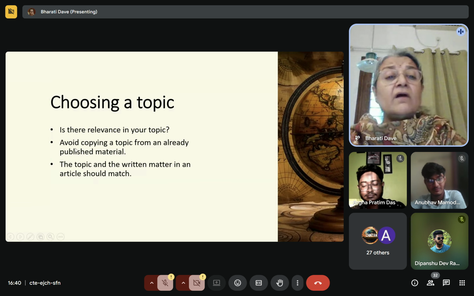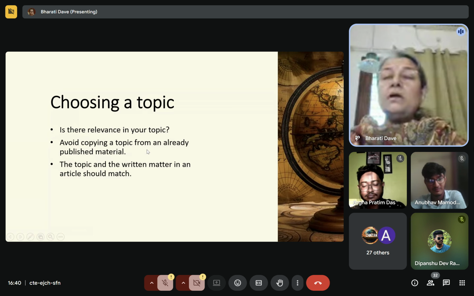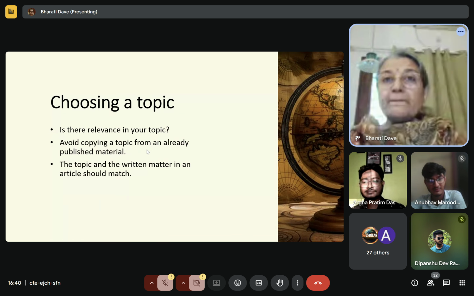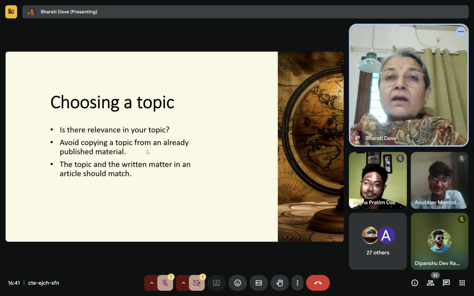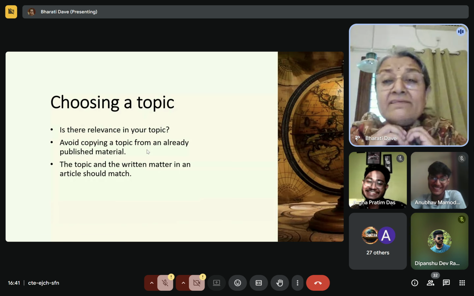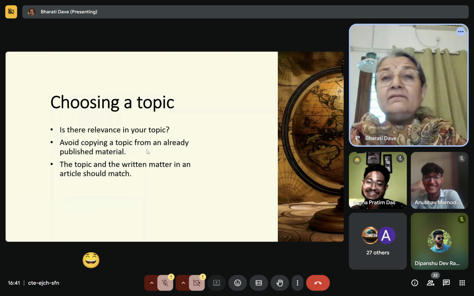Then another thing is avoid copying a topic from an already published material. ये इतना मैं बताती हूँ, मैंने किताब लिखी मैपिंग द क्वालिटी ऑफ लिविंग स्पेसेस इन इंडिया. उसके बाद मैंने देखा somebody had done their MPhil exactly copying the same topic, same thing.